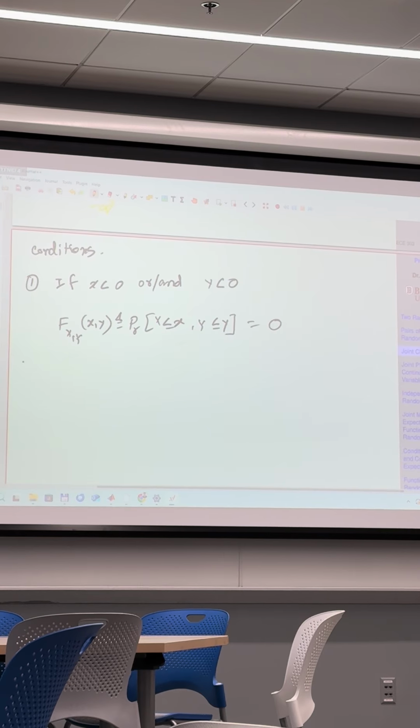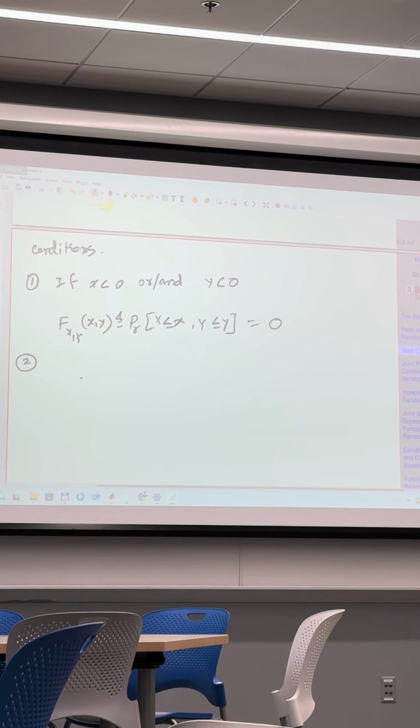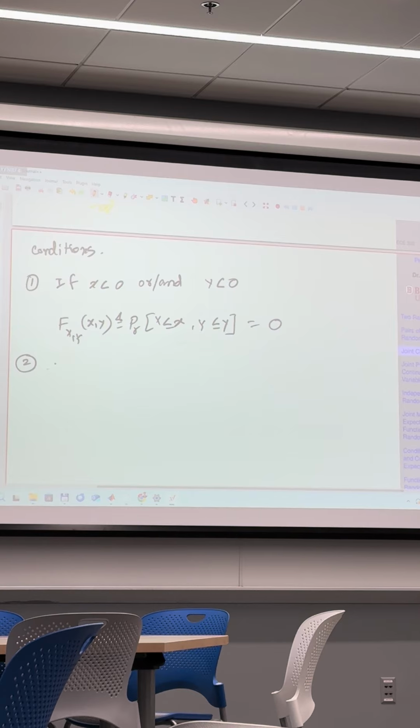Second condition: if 0 less than or equals x less than 1 and 0 less than or equals y less than 1.